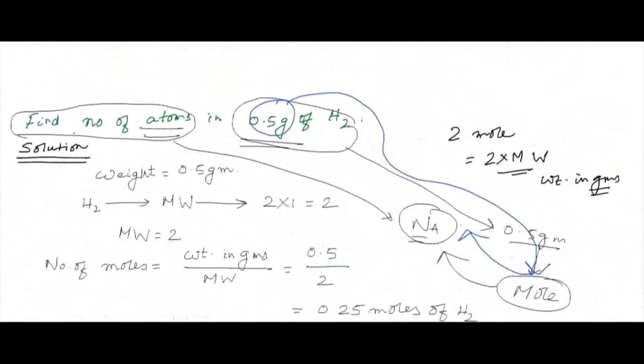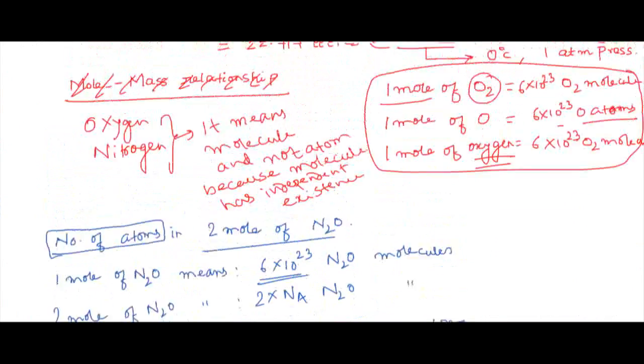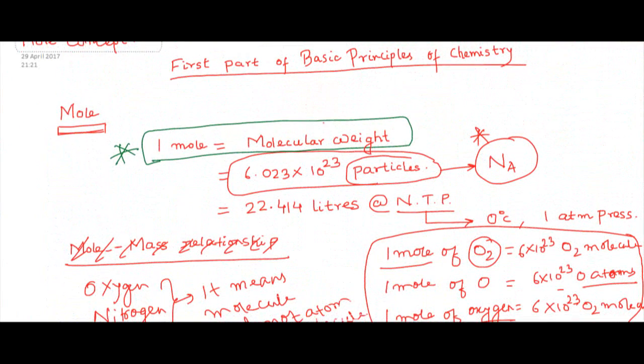So if I go back to the first part, where we started with three concepts: 1 mole is equal to molecular weight, 1 mole is equal to 6 into 10 to the power 23 particles, 1 mole is equal to 22.414 liters at NTP.